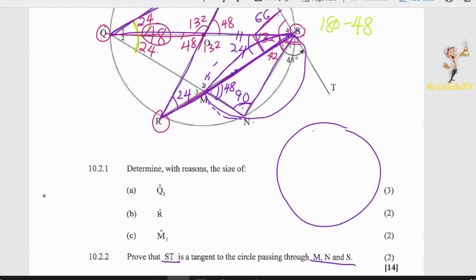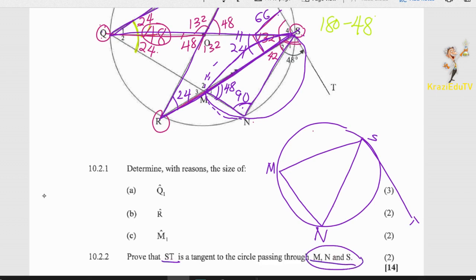ST is a tangent, so I want to prove that ST. Do you notice, we look at the angles that we are given, the lines were given S, M, N. So let's extract N, M, S, and this is what? 48. Alright, now this is how I'm going to prove it.